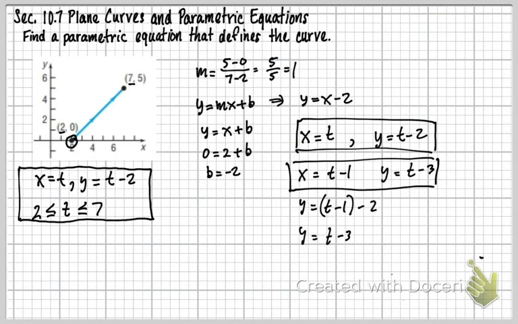Don't forget your parameters. A lot of times people forget their parameters here, and they'll lose points for that. So be careful. So here's the other one. I got x equals t minus 1, and my y equals t minus 3. Now where's my t going to start?